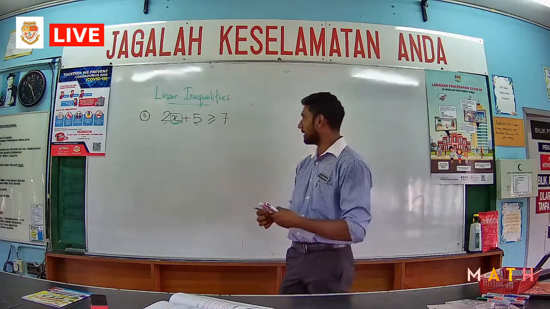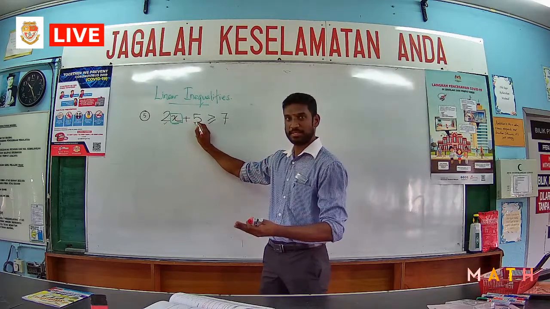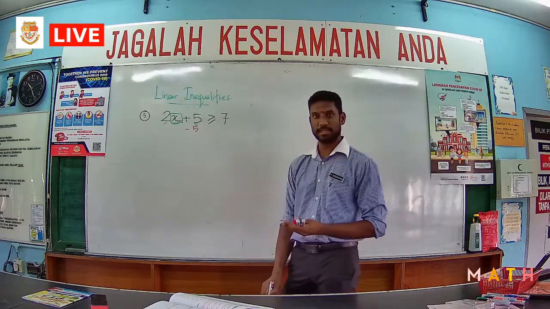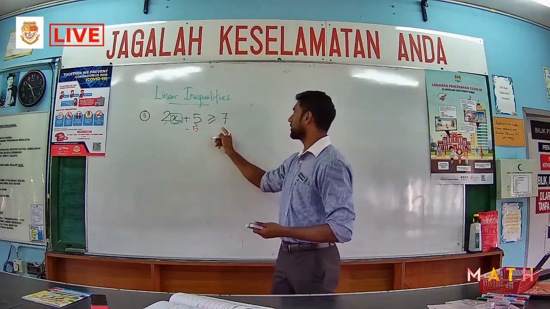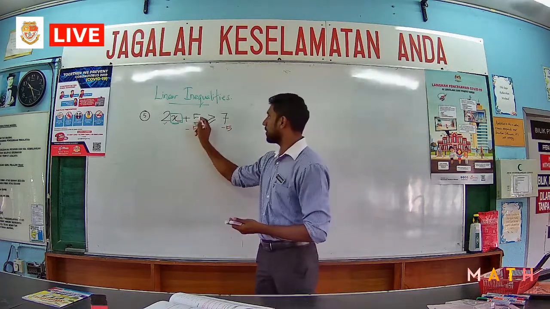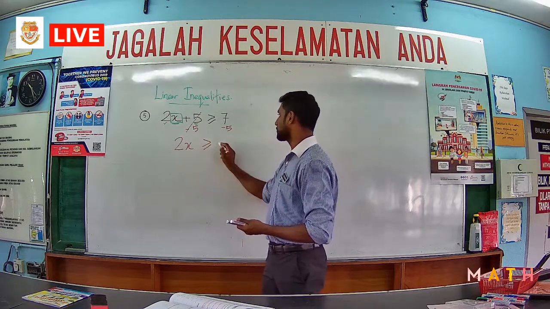So in that order, plus 5 we need to eliminate first. How do we eliminate plus 5? We give the opposite, so it's minus 5. Don't forget, minus 5 on the other side as well. So now you will have 2x greater than or equal to 2.